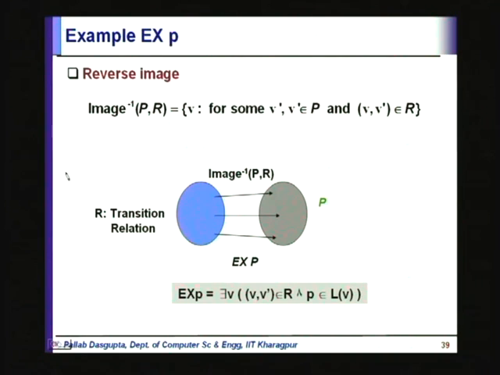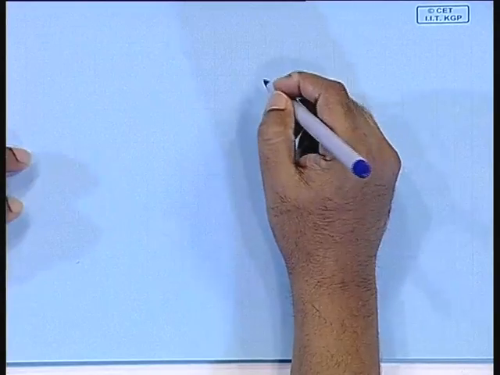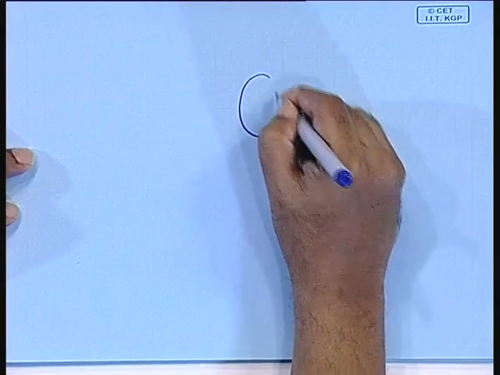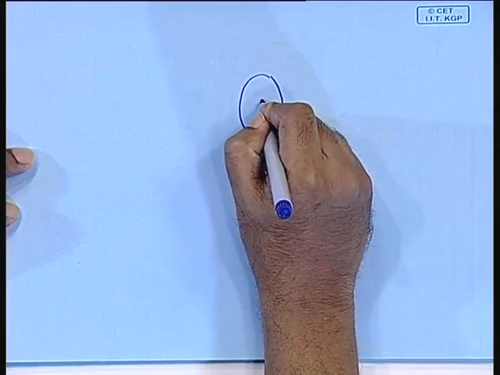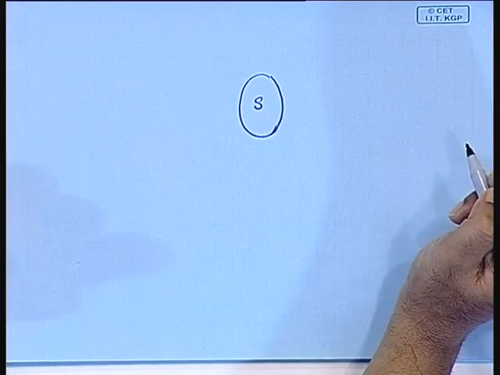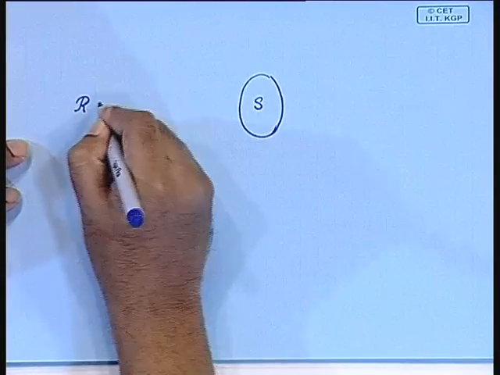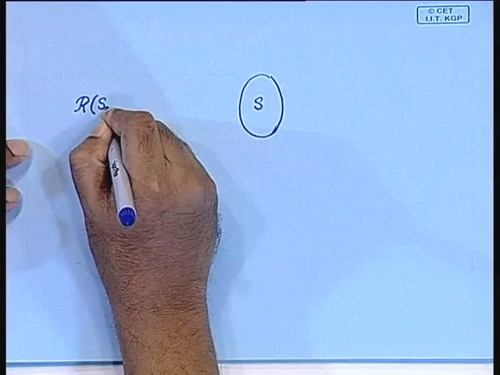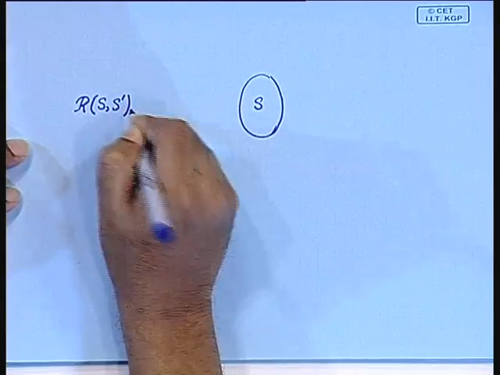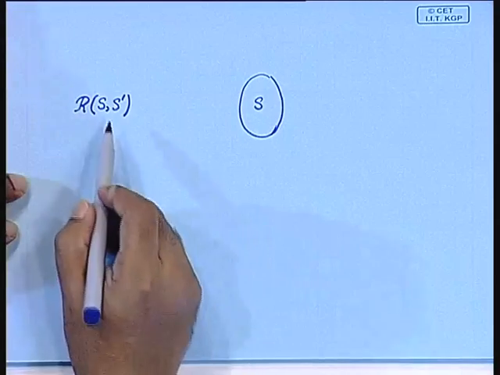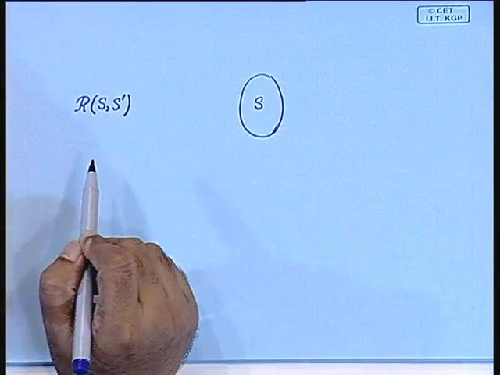Now, let us see how we go about doing CTL model checking. So, the first thing that we need to understand is the computation of a reverse image, right. So, the idea is that if I give you a set of states S, right, and I give you the transition relation R(S, S'). What is S? Present state, S' next state.